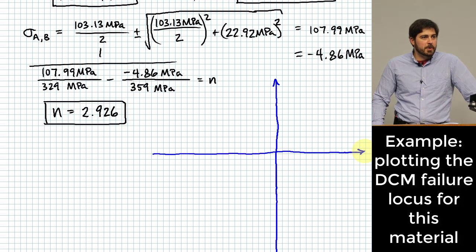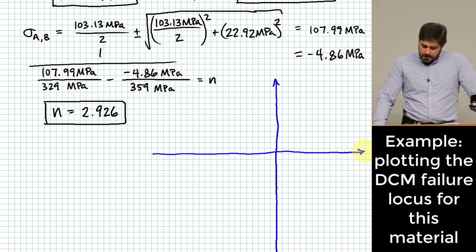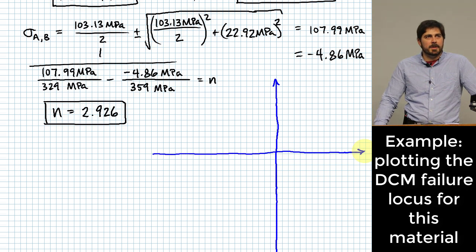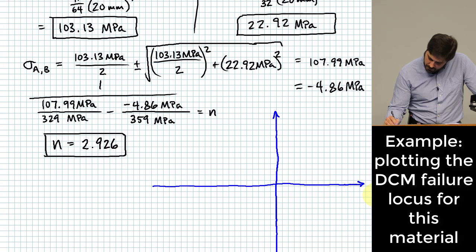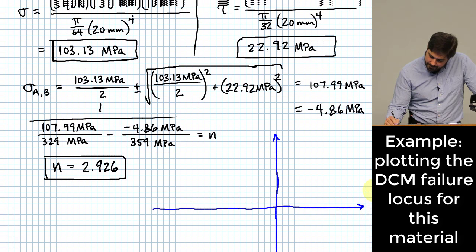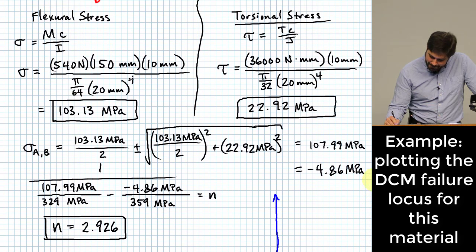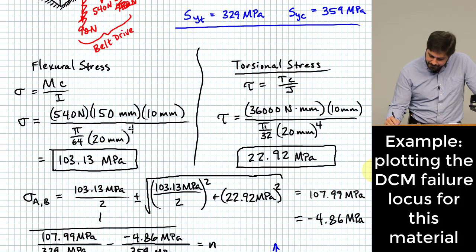I think each square is going to be worth 50 megapascals. That might end up making it a little bit small. I'll tell you what, we could probably do 25 per square. Will that work?